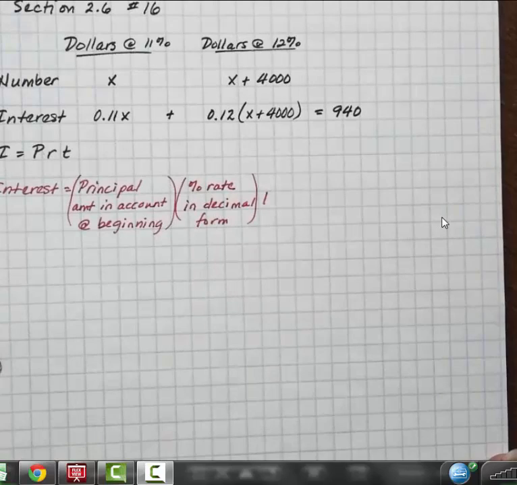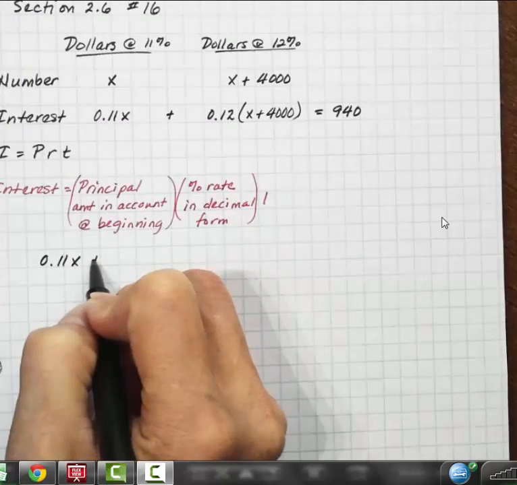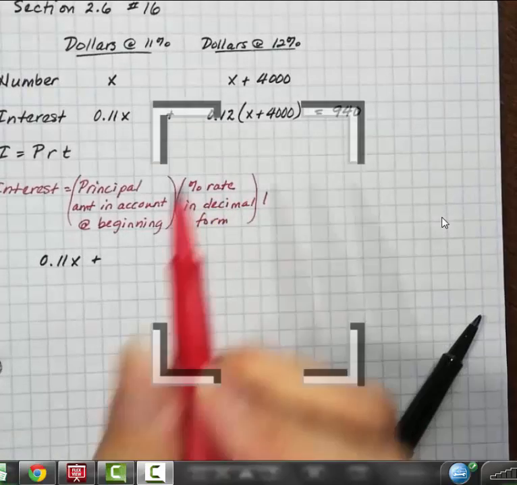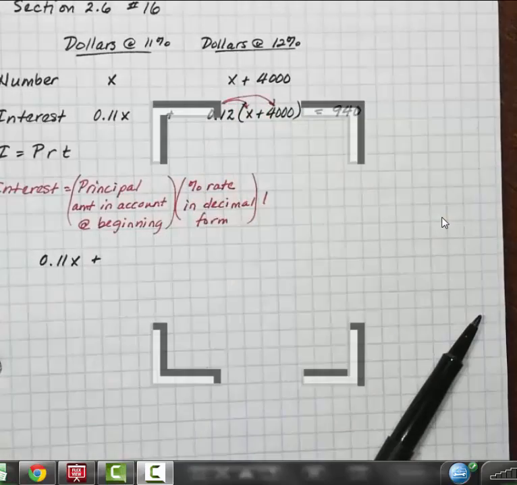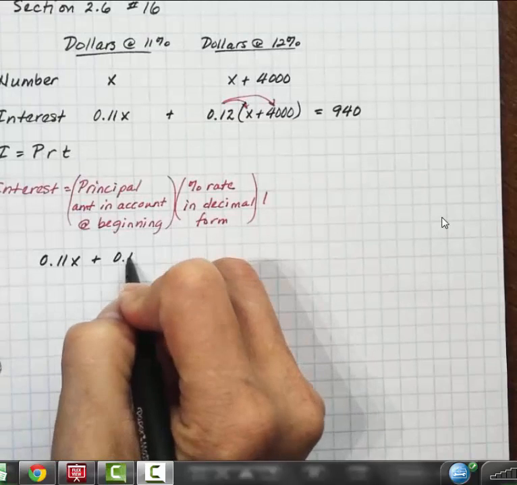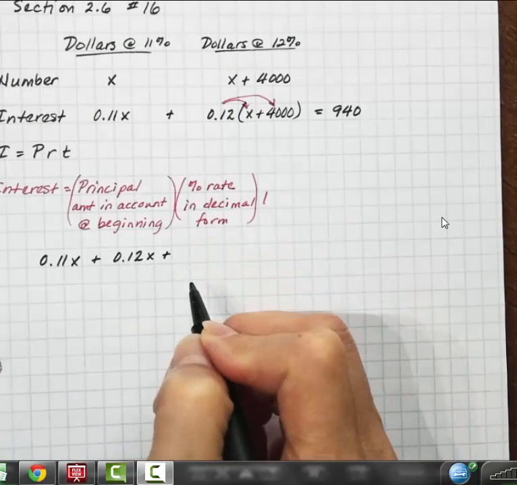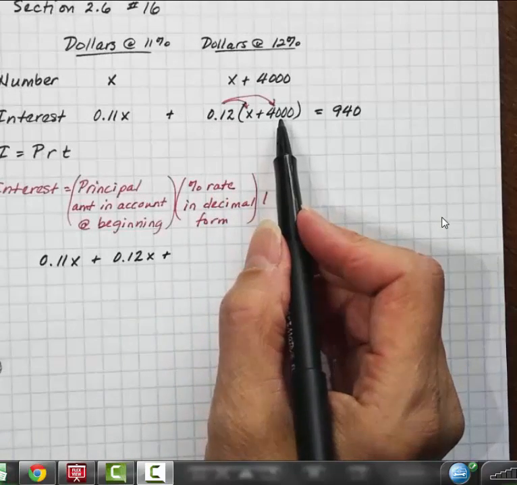Alrighty, so we have 0.11x plus, I'm going to use my distributive property, multiplying 0.12 times x and 0.12 times 4,000. So 0.12 times x is 0.12x plus, and now I need to figure out what 12% of 4,000 is. I believe it's 480.